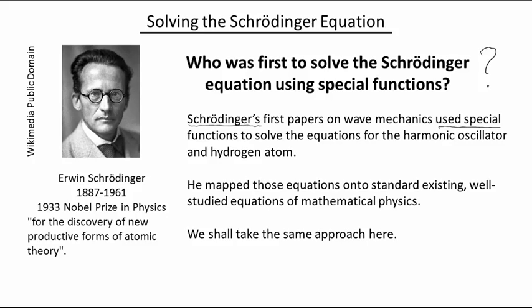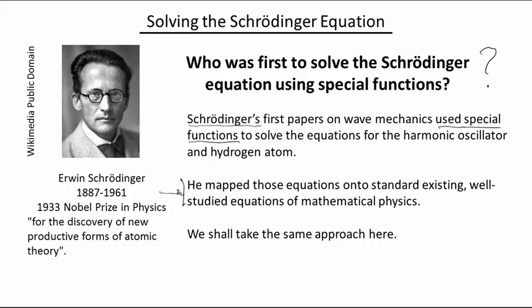But one lasting development was that it cast the Schrodinger equation of quantum mechanics into a form that had been well understood in classical mechanics, and that was to reduce the Schrodinger equation to a differential equation that had solutions in terms of functions that were known at the time.